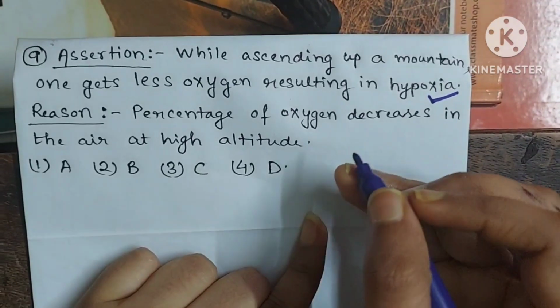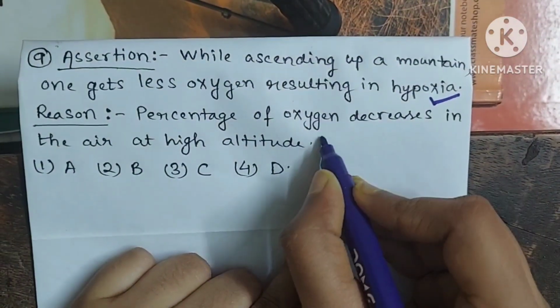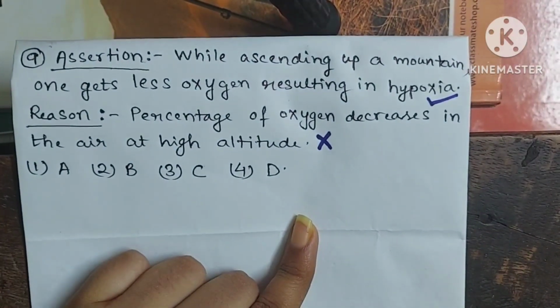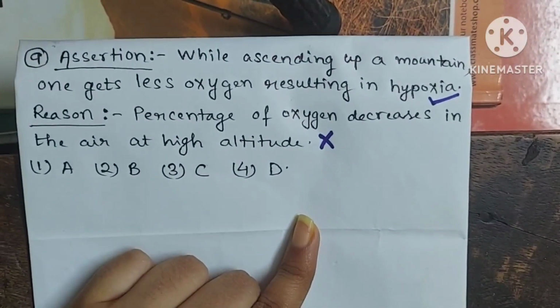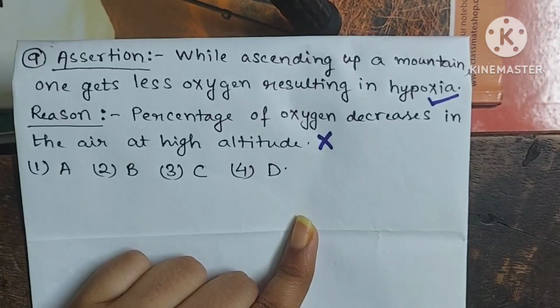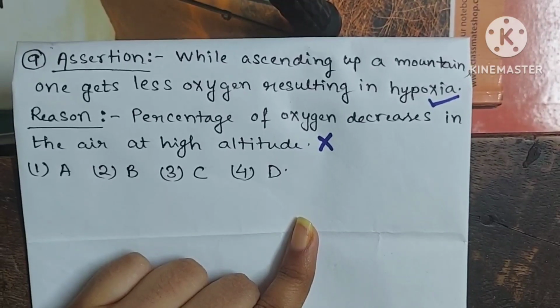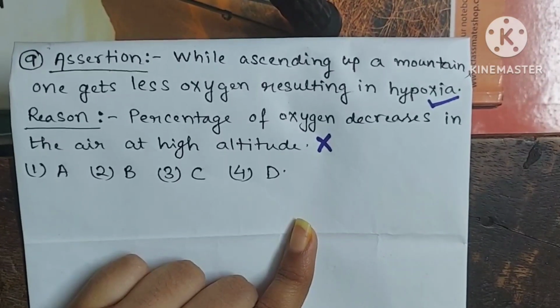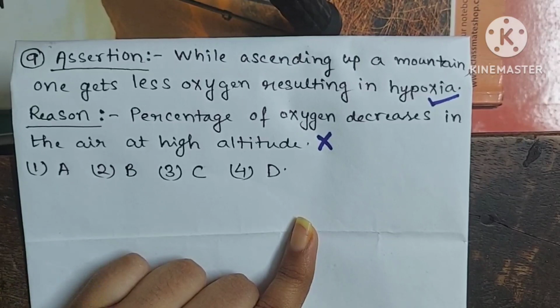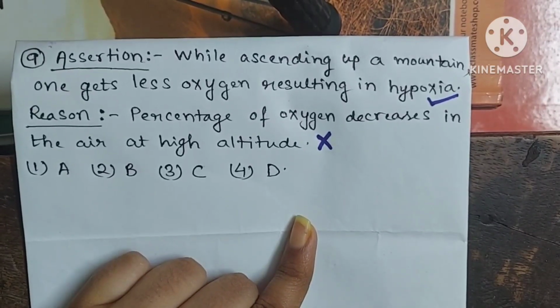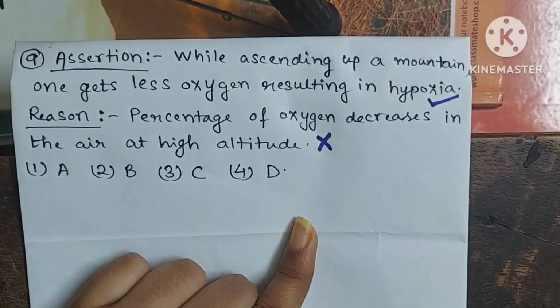No, this statement is wrong, because the percentage of oxygen does not vary with altitude. The percentage of each and every gas remains fixed in air at every place. The thing that changes is atmospheric pressure. With the increase in altitude, the atmospheric pressure decreases and therefore one gets less oxygen while ascending up the mountain.